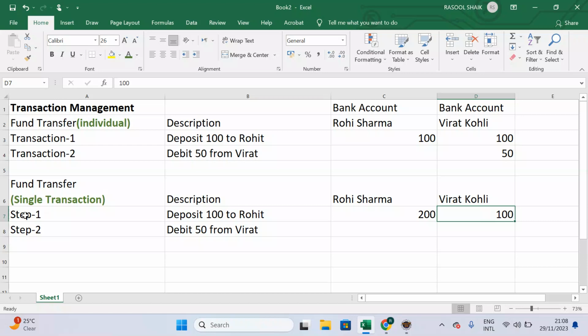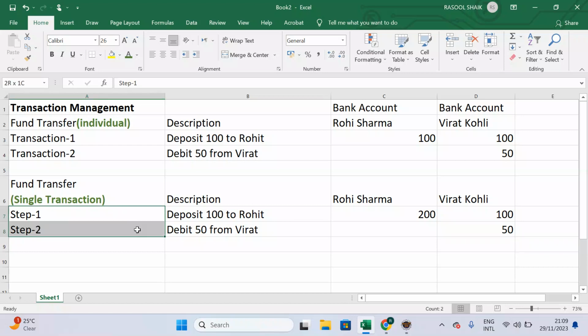And in step 2, we are debiting 50 rupees from Virat Kohli, so his bank balance will be 50 rupees.